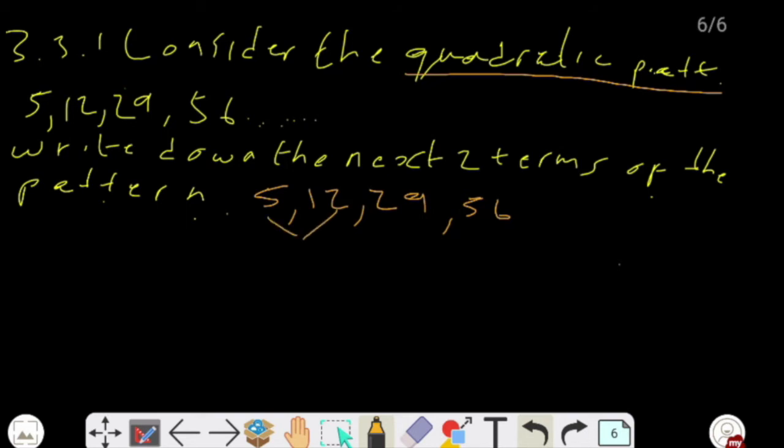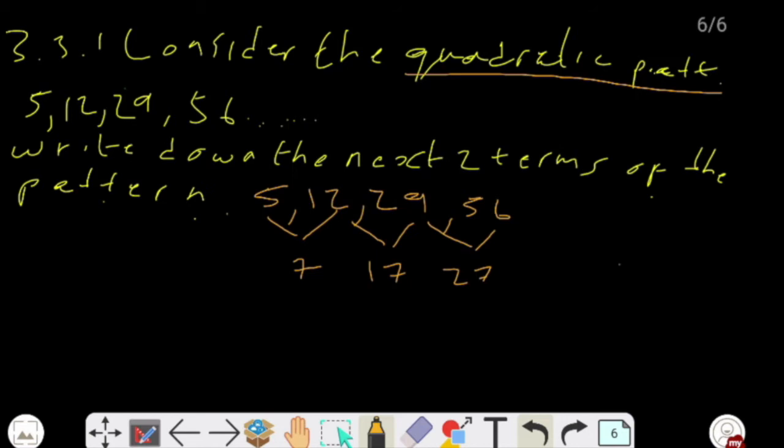Let's find our first difference. It's 12 minus 5, which is 7, and then it's 29 minus 12 is 17, and then we have 56 minus 29, which is 27, right?